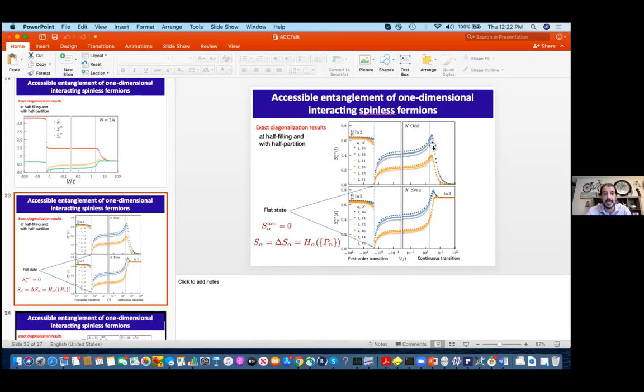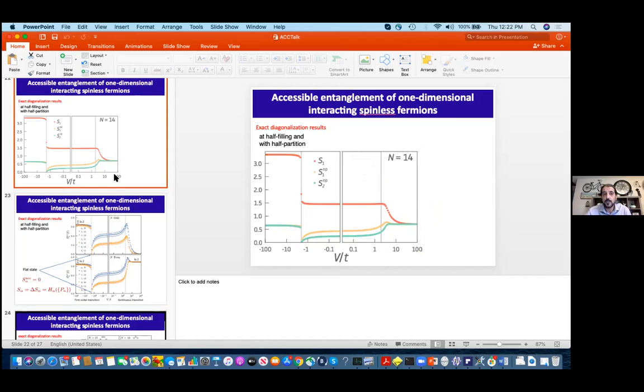If we can come up with an order parameter for the transition from the total von Neumann entanglement entropy, we see that the accessible entanglement is effectively behaving as a derivative of that measure.